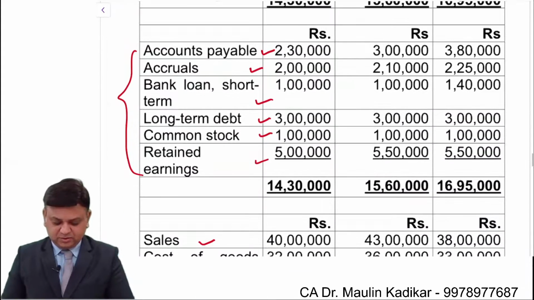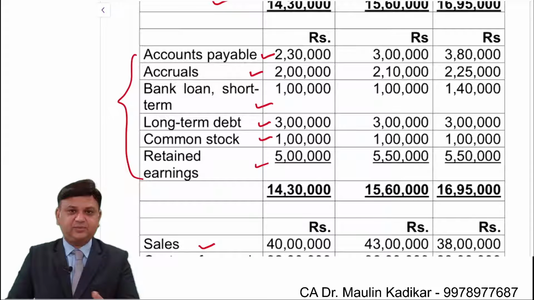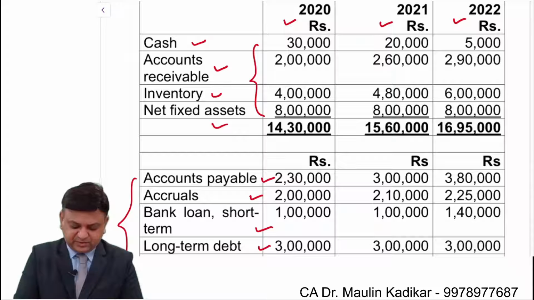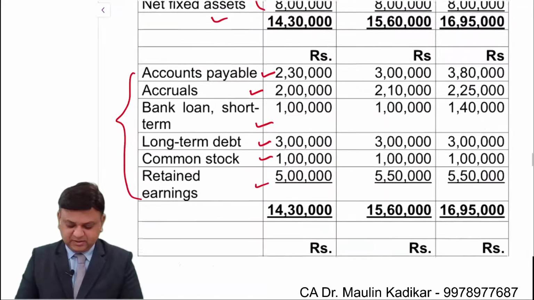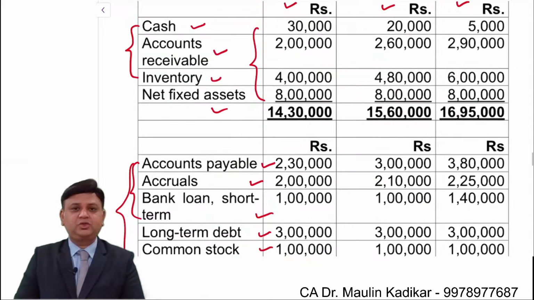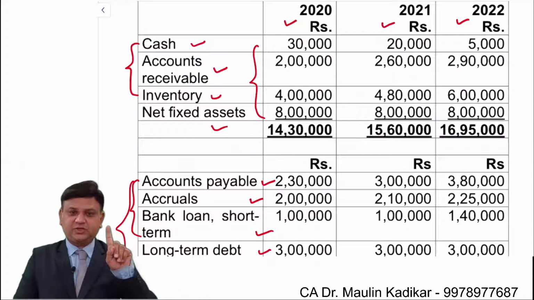From the given information you have sufficient information of current assets and current liabilities, so you can calculate the current ratio. Stock information is there, so you can calculate the quick ratio.